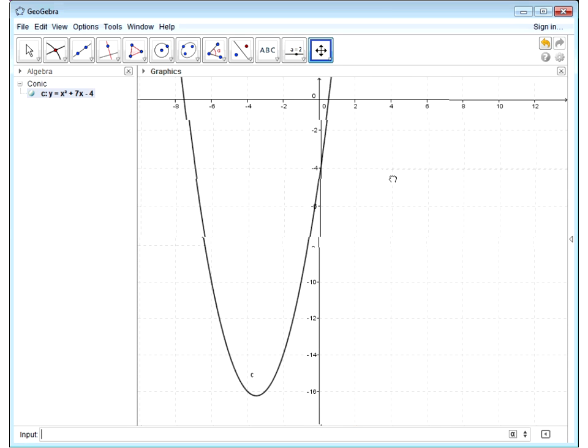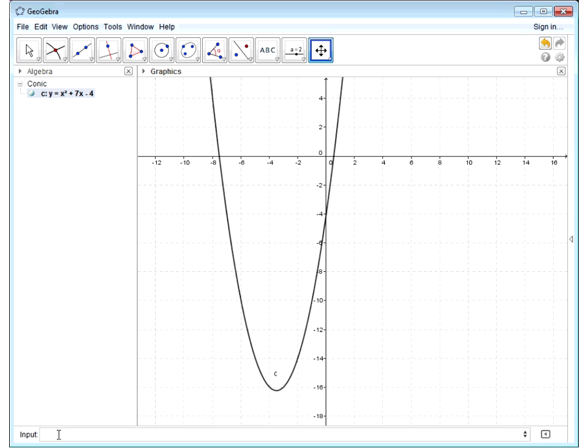And now let me show you the second one, because this is an error that I see a lot. And watch the input bar exactly the way I have to put it in. And I'll go ahead and just call this one g of x. I saw someone mention you could just put y equals, that would be fine as well. But let me show you what some students do, and this is not correct.